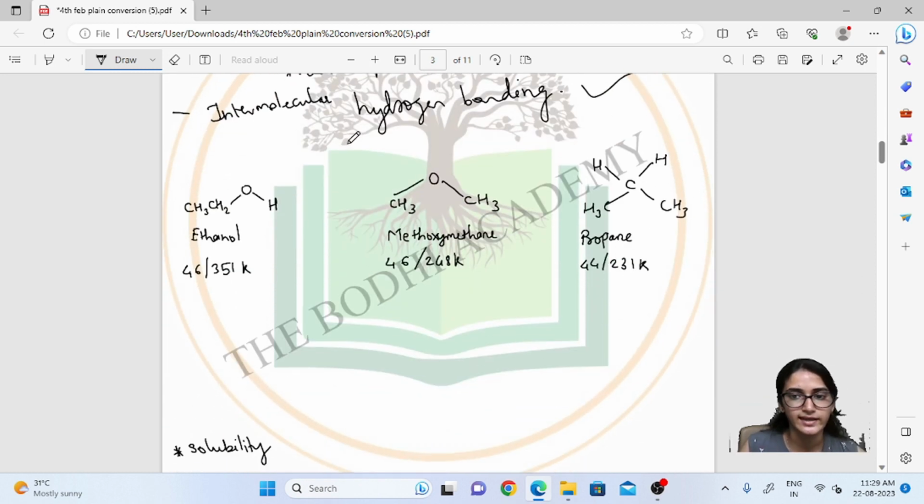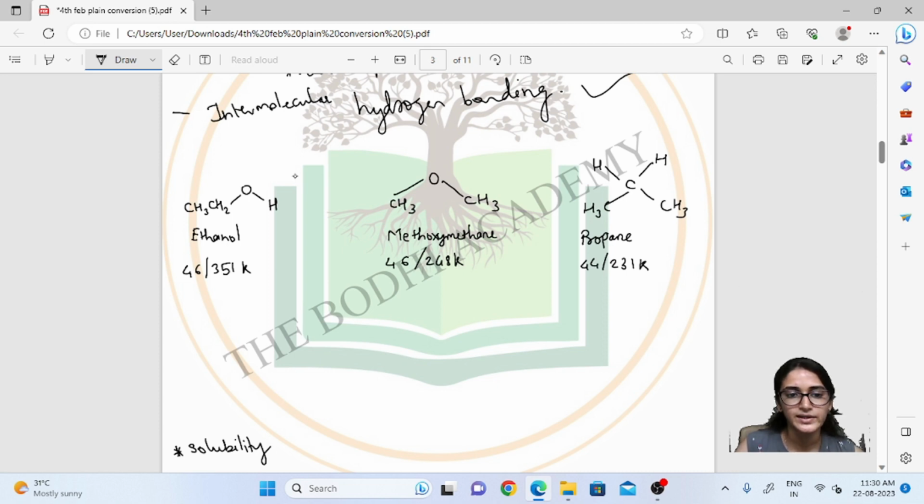Now let us take examples and discuss the boiling points. If you see ethanol, methoxymethane and propane, all of them have almost equal molecular mass. Ethanol has 46, the ether has 46, and the hydrocarbon has 44, which is close to 46. But their boiling points differ.